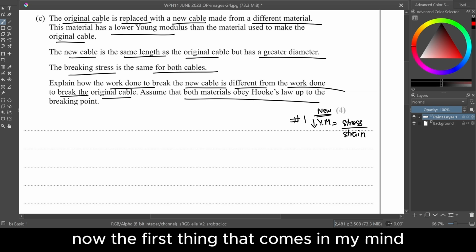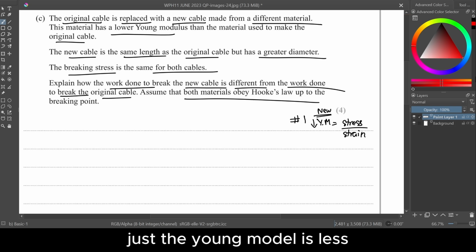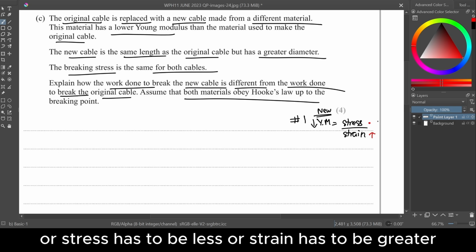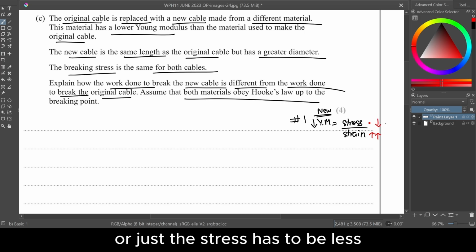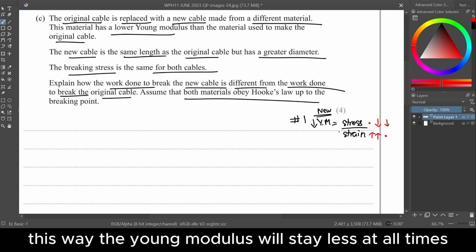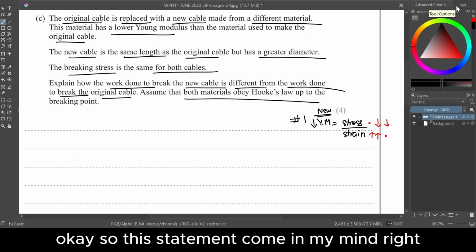Now the first thing that comes to my mind, without reading any further, is that either the stress has to be the same and strain has to be greater, or stress has to be less and strain has to be greater, or just the stress has to be less and strain doesn't change at all. This way the Young modulus will stay less at all times. This thing instantly comes to my mind.